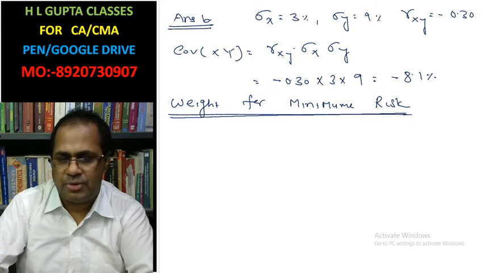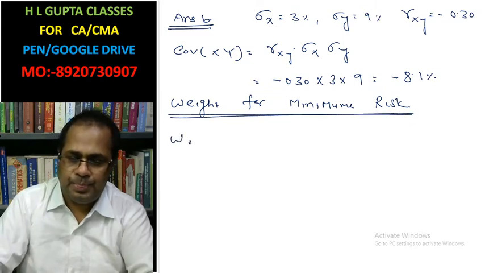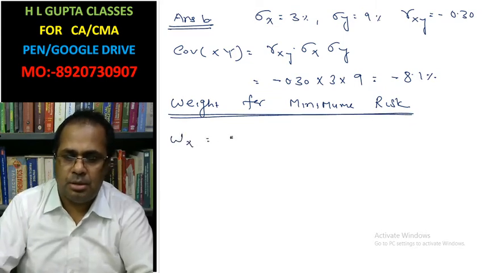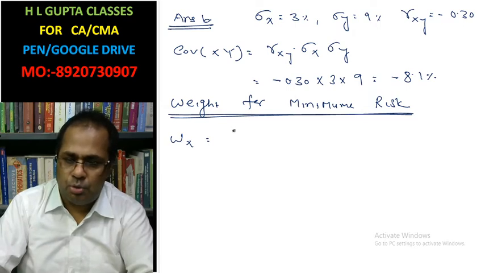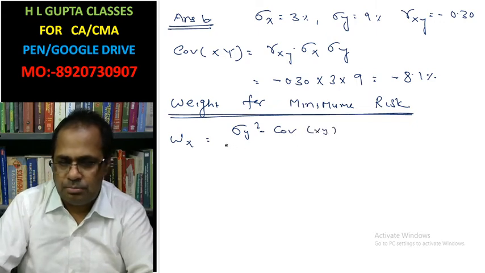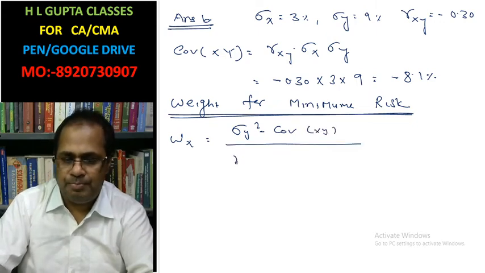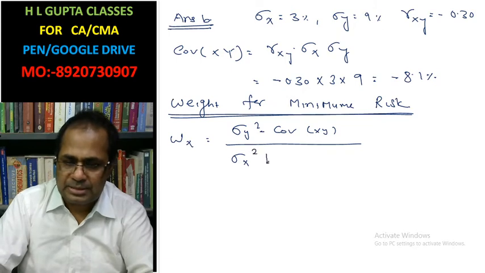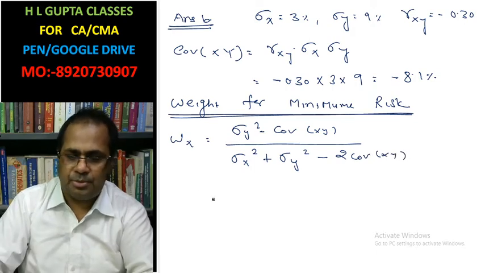In this case, what formula is applied? Weight of x equals standard deviation of y squared minus covariance xy, divided by standard deviation of x squared plus standard deviation of y squared minus 2 covariance xy. This is the formula.